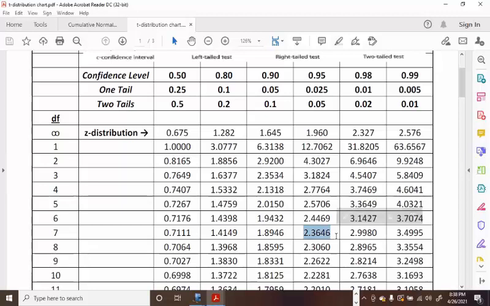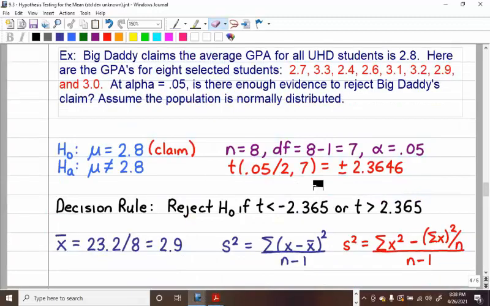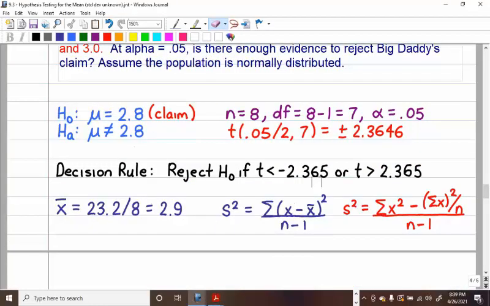So it's plus and minus 2.3646. I don't know why I rounded to 3 there, whatever. Either way, it's okay. Obviously, on a test, you'd be able to recognize the right one. And then the homework will just follow whatever they want.